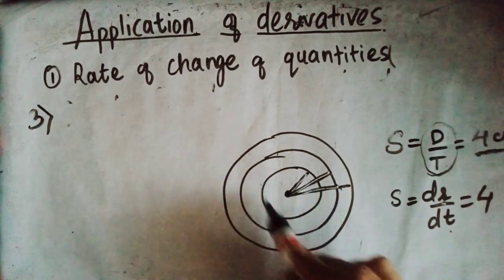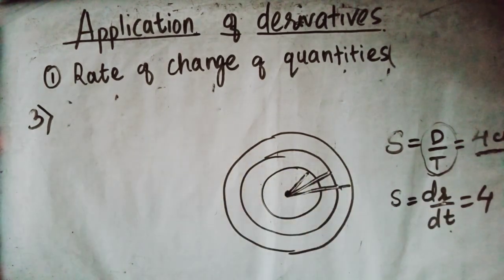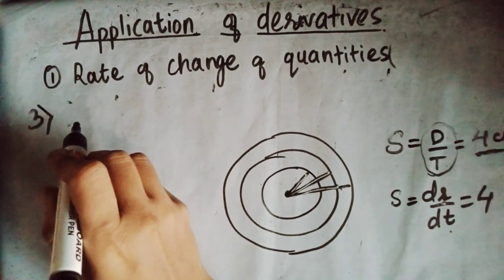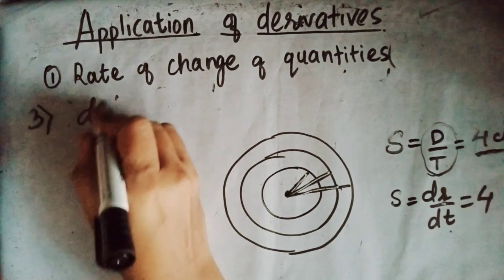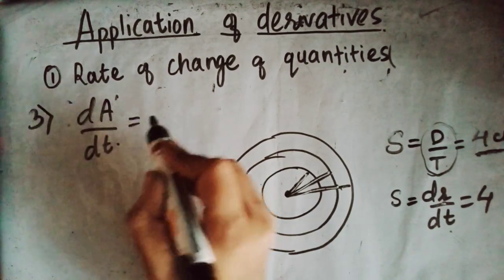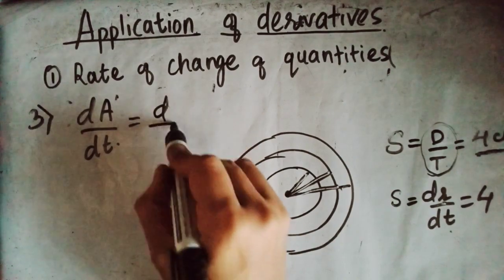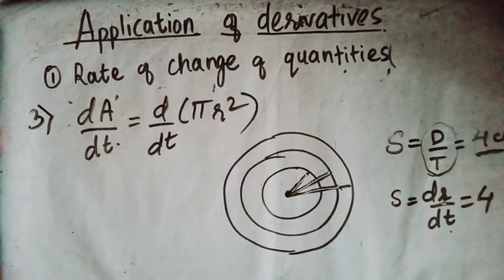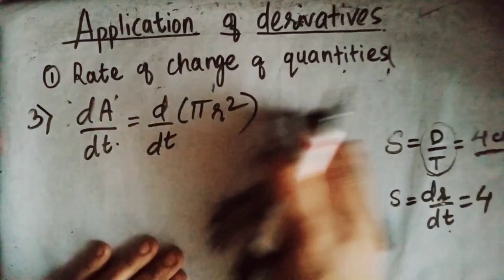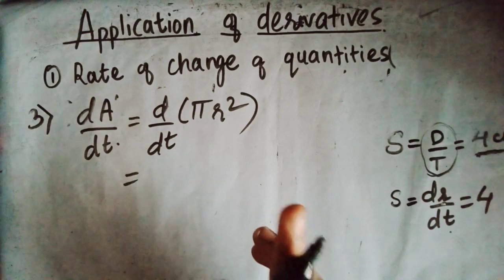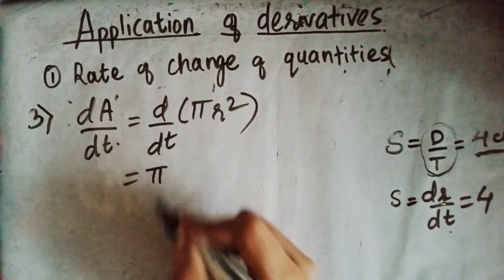And here the area is increasing. Since it is forming circles, the area is increasing with time. So this is the area dA by dt. So what is the area of a circle? Area of a circle is pi r square, right? So again you have to differentiate with respect to both t and r. Pi you can take outside.